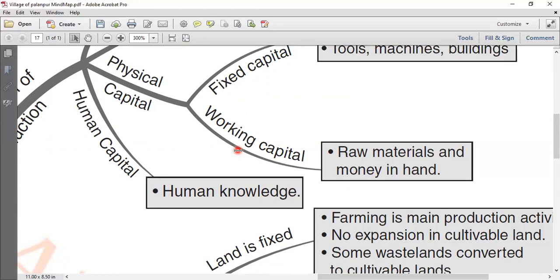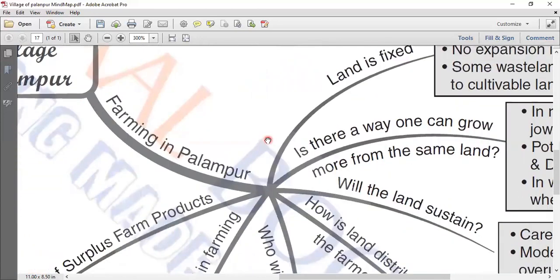Initially it used to be called entrepreneurship and now it is called human capital. We have learned more about human capital in our next chapter, that is people as a resource. So this chapter is more closely related to the first three parts of the factors of production. So every production activity needs land, labor, physical capital, and human capital. And these together are known as factors of production.